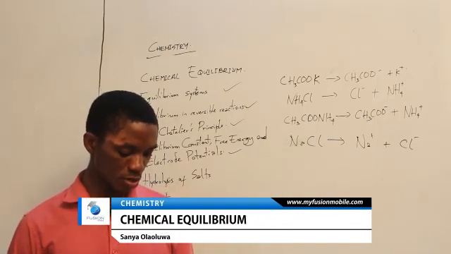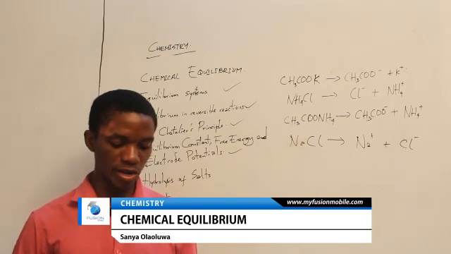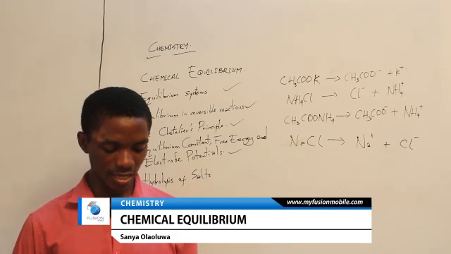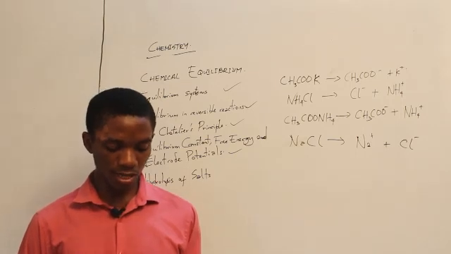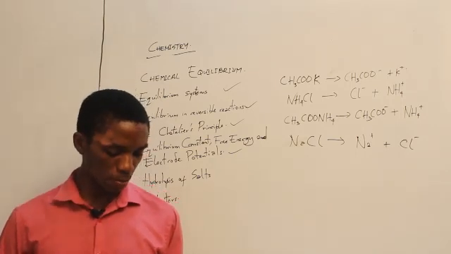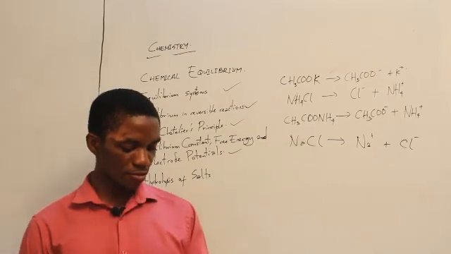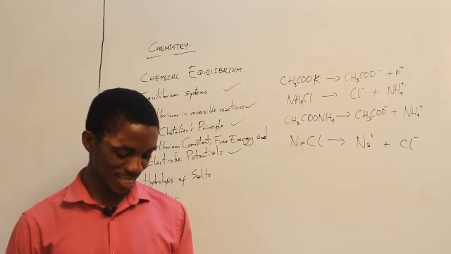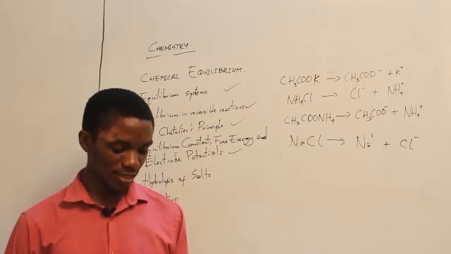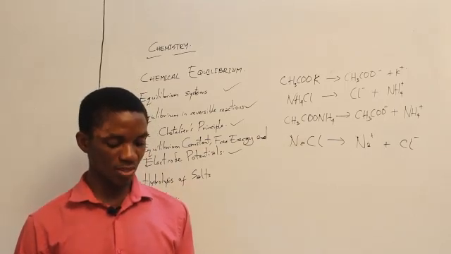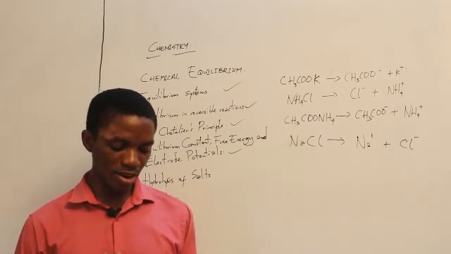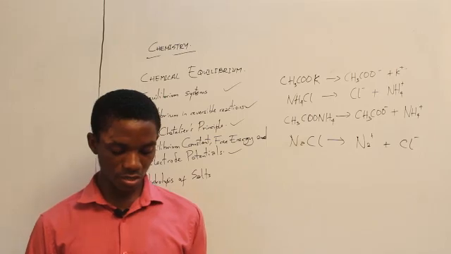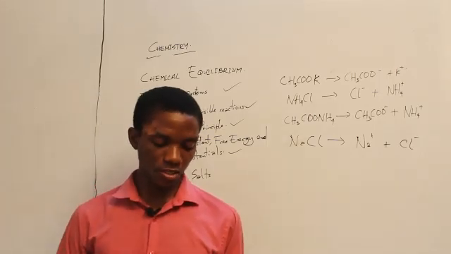We have the litmus paper, which shows red below 5. Between 5 and 8 it shows purple, but anything above 8 it shows blue. And we have phenolphthalein, which is colorless below 8, very pale pink between 8 and 10, and it turns red above 10.